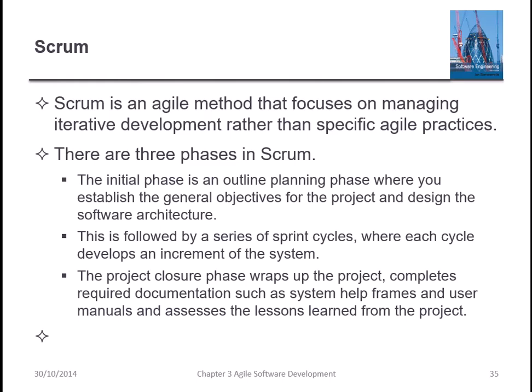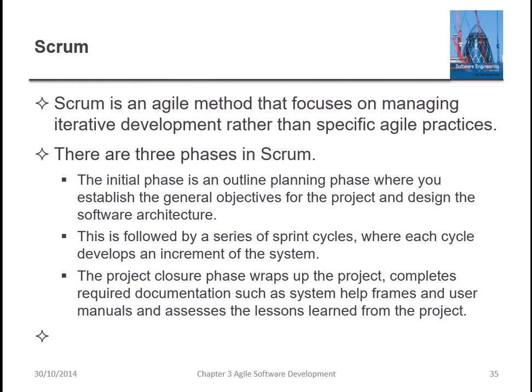There are three basic phases of Scrum. The initial phase is an outline planning phase where you establish general objectives for the project and design the software architecture. So you define your objectives for the project and then you start designing the architecture, and this architecture is the base for later changes.